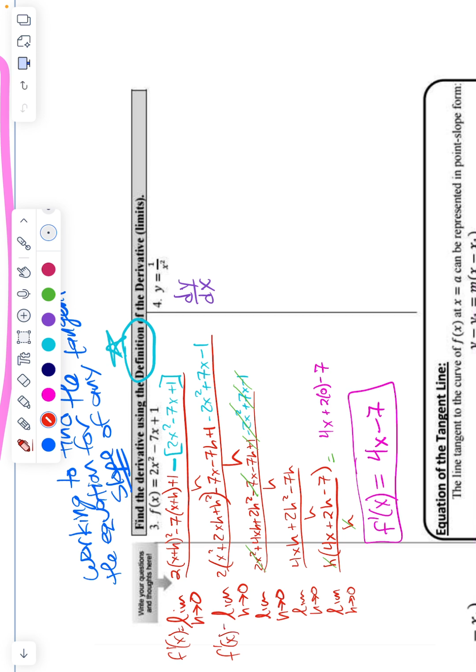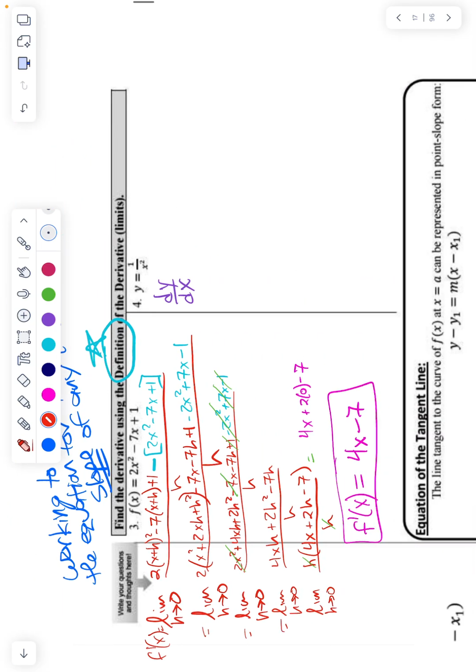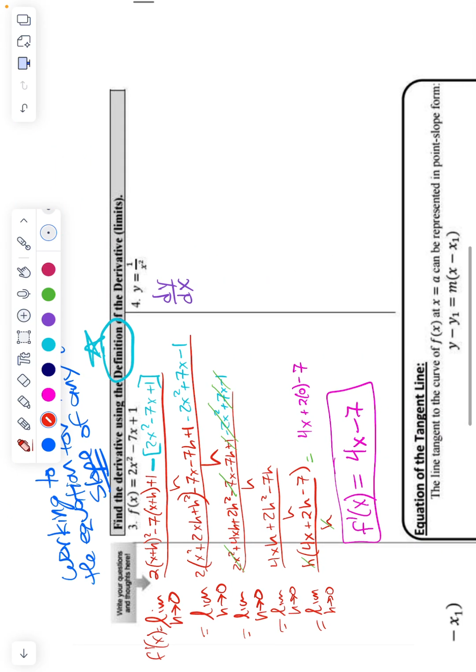Probably just need to write it once and then put equals all the way down. Okay, dy dx. Same thing, just different notation. This is Leibniz notation.